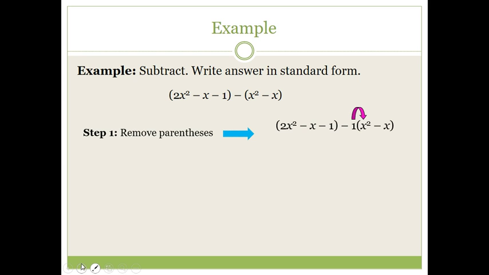Negative 1 times x squared is negative x squared, but negative 1 times negative x is positive x. And so watch your signs.